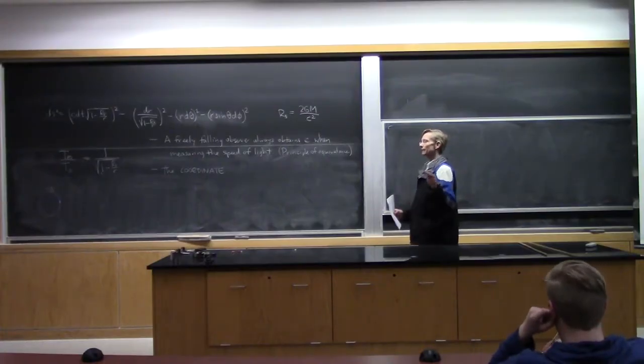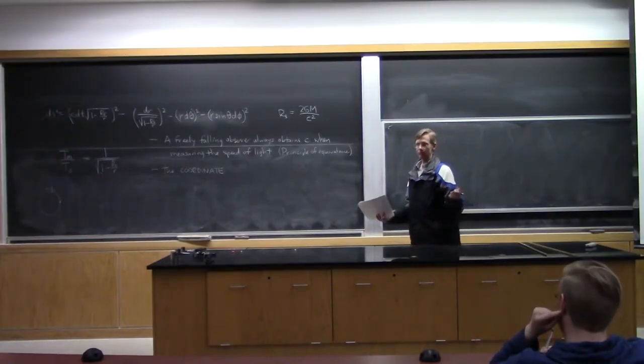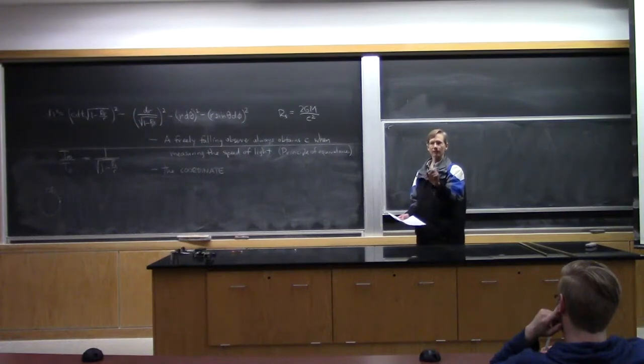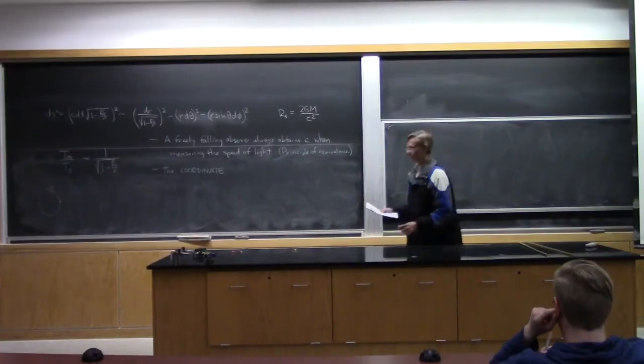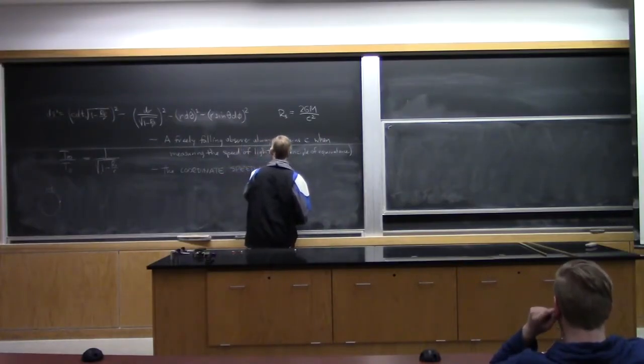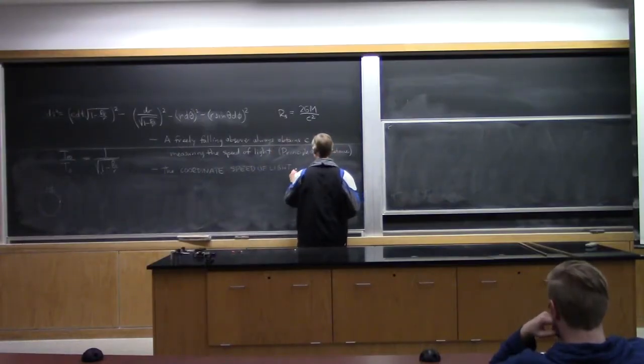But if you keep track of the photon's trajectory in Schwarzschild coordinates, and you look at, for a radially traveling photon, what is dr/dt, the rate of change of the radial coordinate with respect to the Schwarzschild time coordinate t, the faraway time, we will show that that's less than the speed of light, as a matter of fact. The coordinate speed of light differs from c.